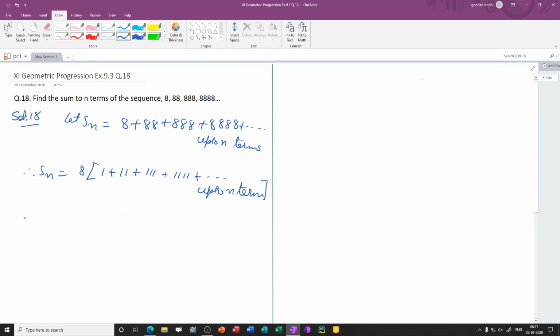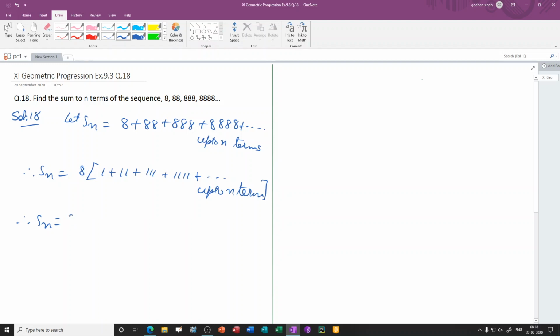Next, you have to multiply and divide this whole number by 9. Why are we multiplying with 9? We will see that.